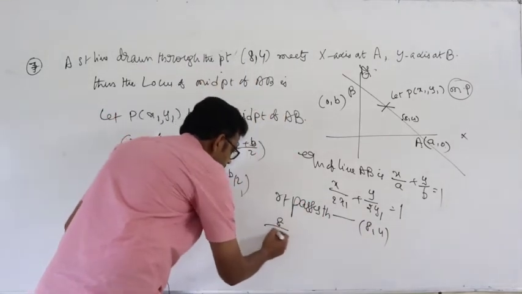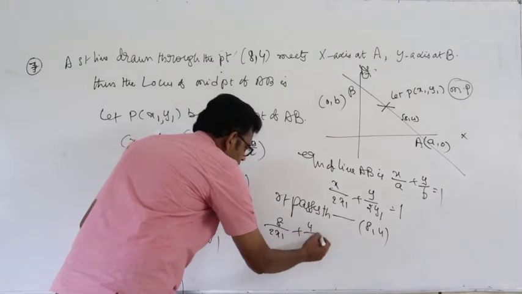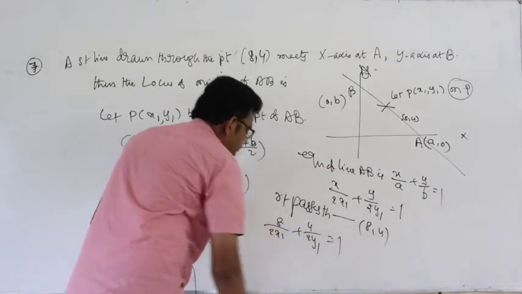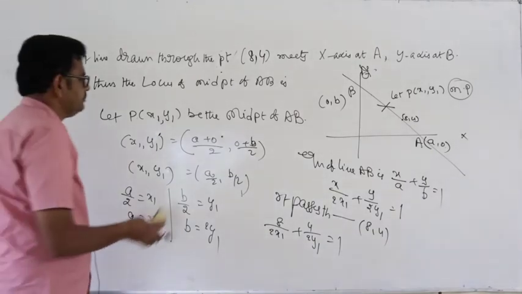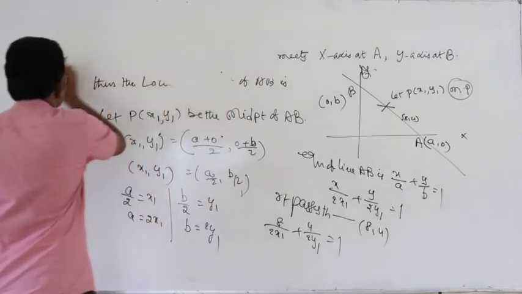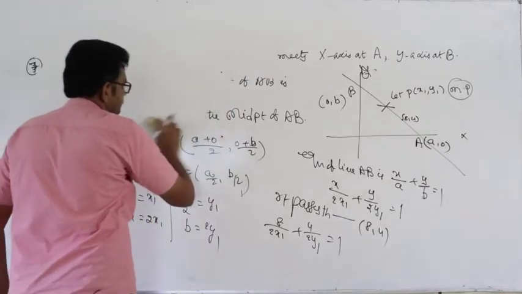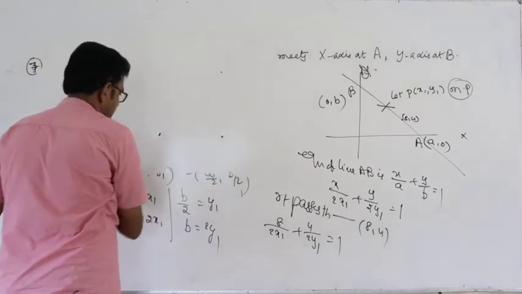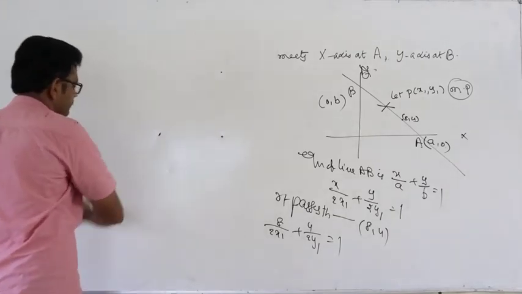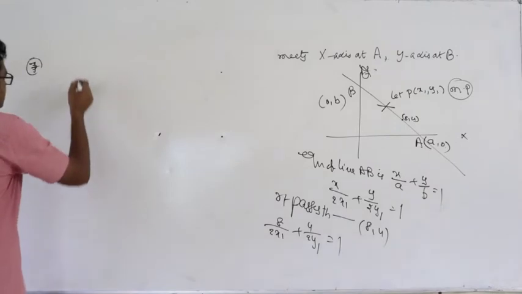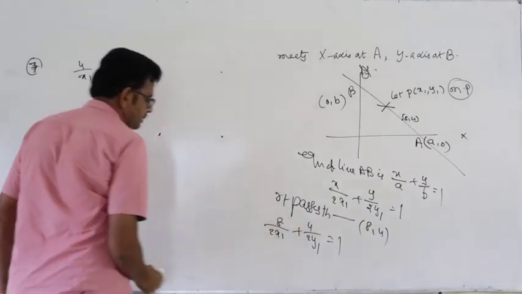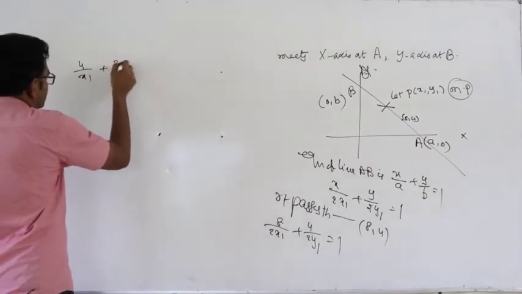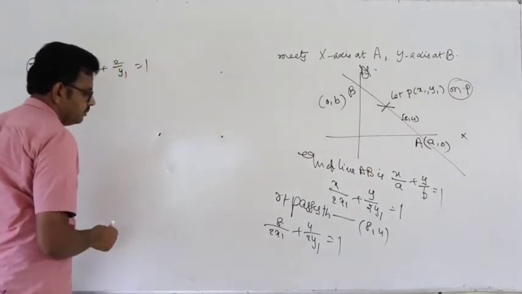So 8/(2x1) + 4/(2y1) = 1. Therefore, that is 4/x1 + 2/y1 = 1.